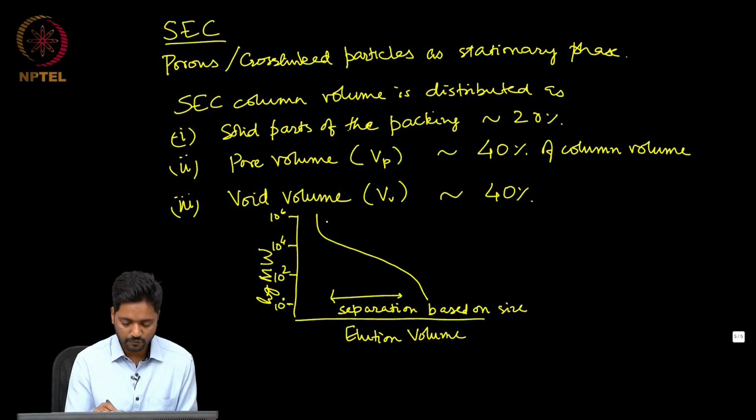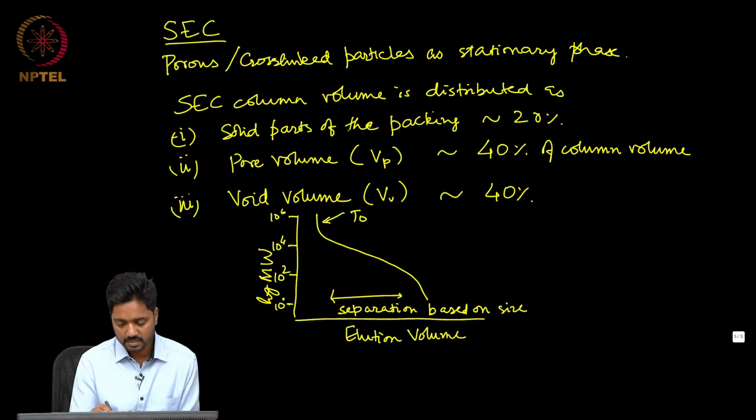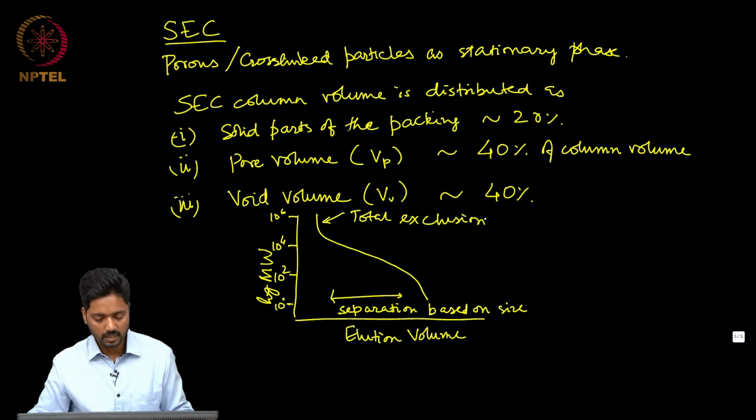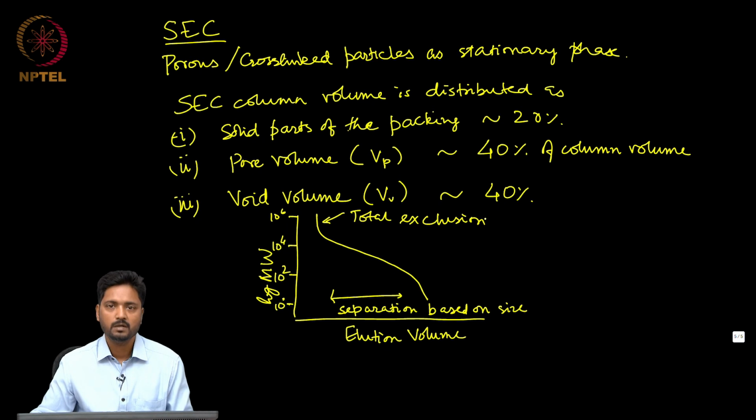In the initial phase of the column, we have what is known as the total exclusion. That means the polymer fraction passes only through the void volume and comes out very rapidly from the column.